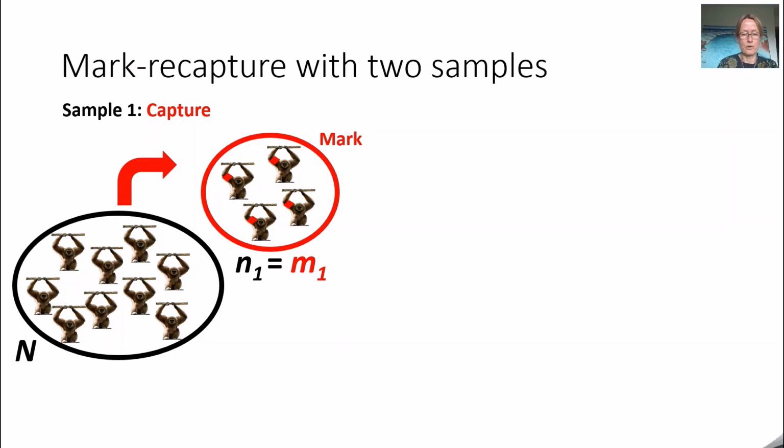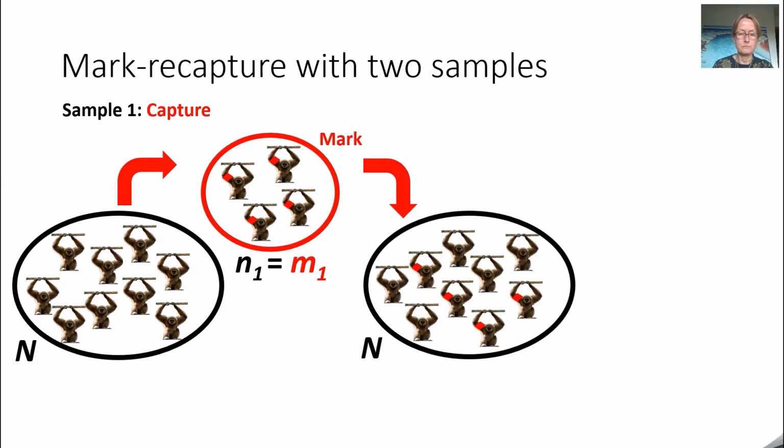All these animals are marked now. These are then reintroduced into the population, and we have m1 marked animals in the population. As all animals detected by detector 1 are marked, m1 is the same as n1. And we know exactly how many animals are marked in the whole population.